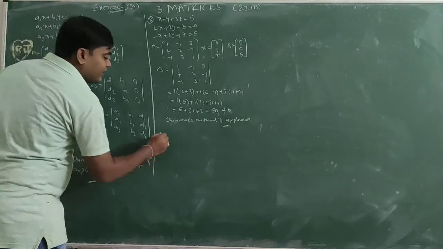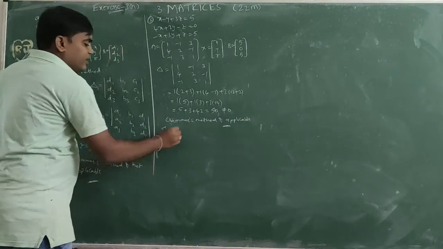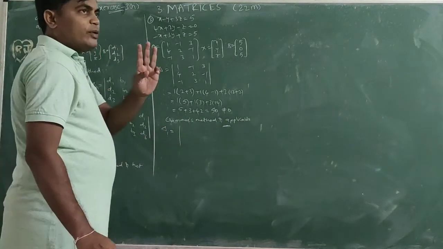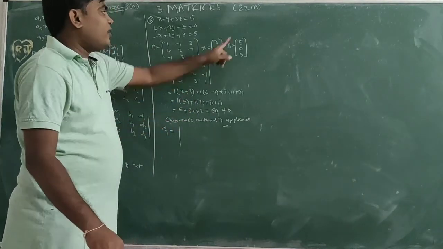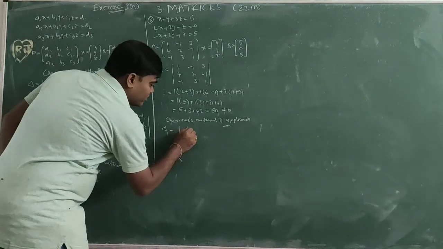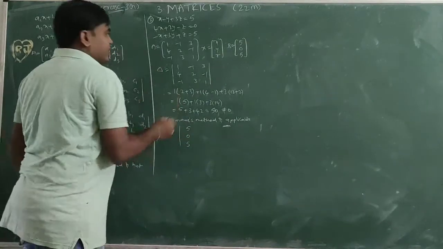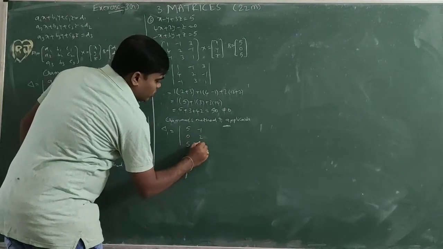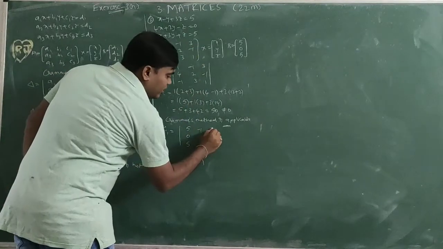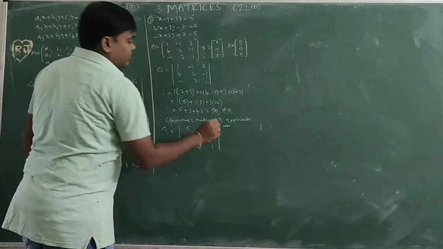Next, delta 1. Delta 1 is nothing but, so we need to write 3 columns, 3 rows. So instead of the first column, I want to write 5 0 5. Second as it is, minus 1 2 3. Third, 3 minus 1 1.